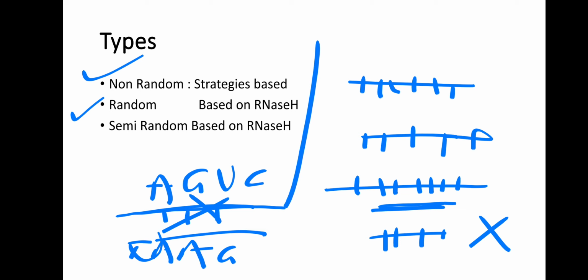Then semi-random means that some components, up to 50 to 60%, have higher affinity with the target mRNA. This gives maximum complementary Watson-Crick binding, which directly promotes RNase H, so they cleave a small segment. This is another experimental use of antisense oligonucleotides.